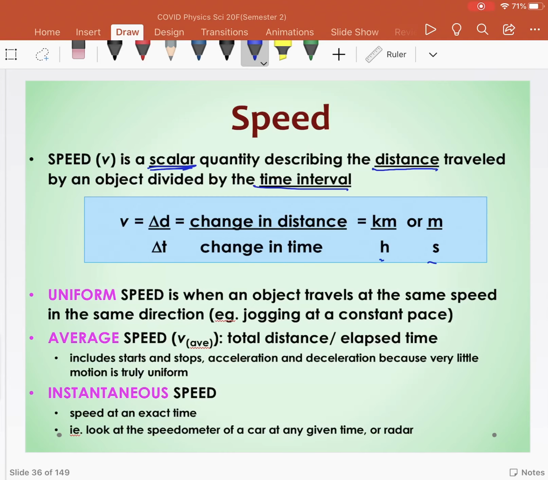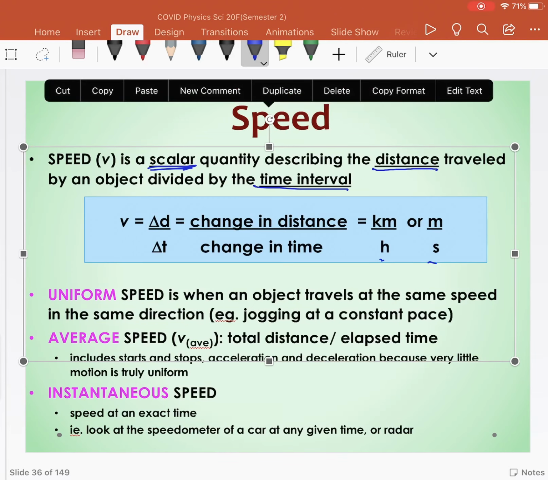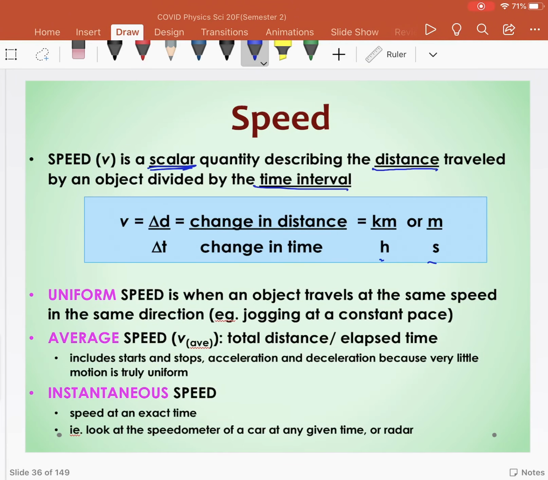So the formula for speed, the symbol for speed is actually a V. Now, we have to start keeping track of the various symbols. It is important that you are using the conventional symbols so that everybody's on the same page. We can't use an S because S is the unit for seconds.